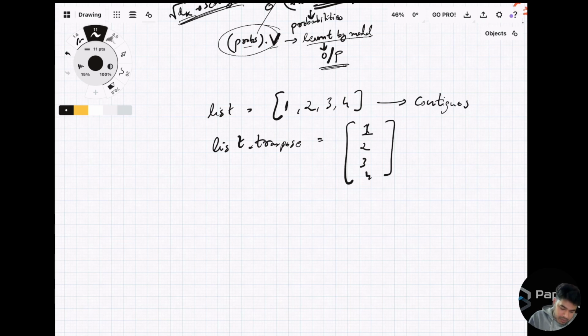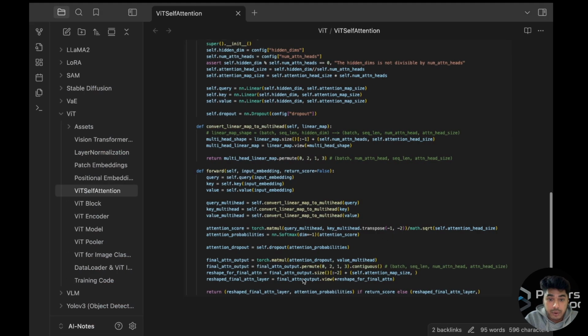Once we do something like transpose, the memory address remains the same, but they just point to a different shape of the same elements.